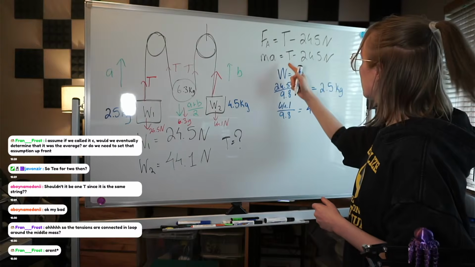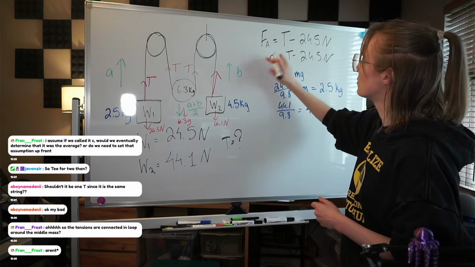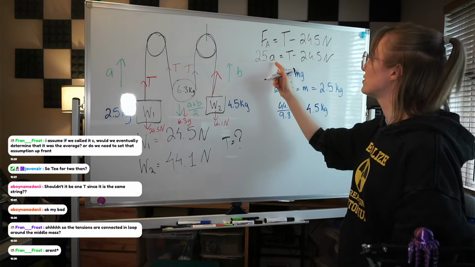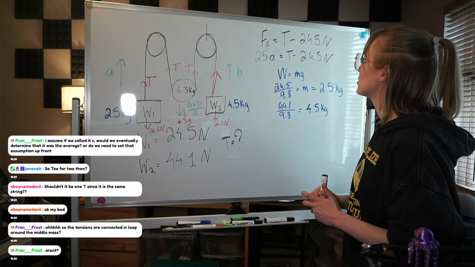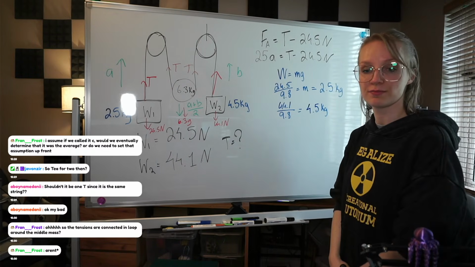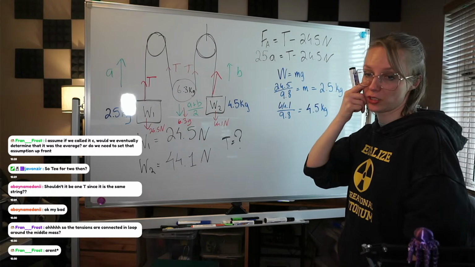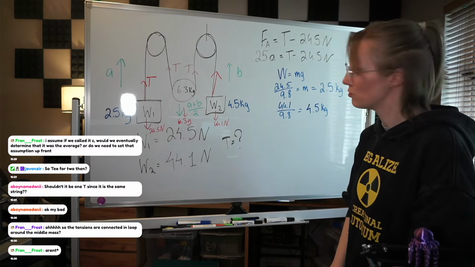So looking at this equation, M becomes 2.5. We have an equation: 2.5a is equal to T minus 24.5 newtons. Not bad, not bad at all. This could be 2.5 multiplied by g, but it gave us newtons, so we might as well keep it.